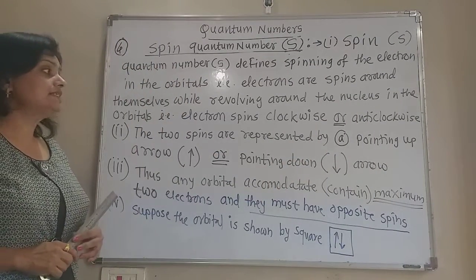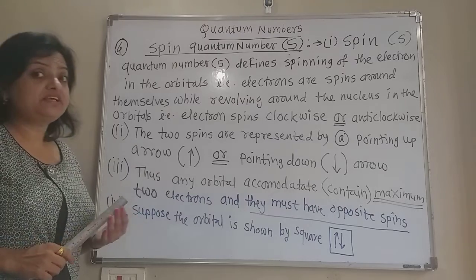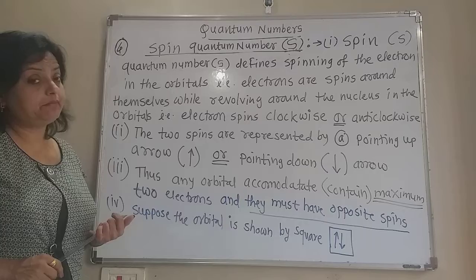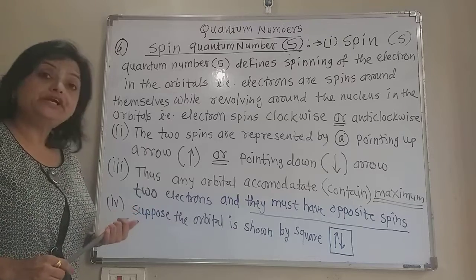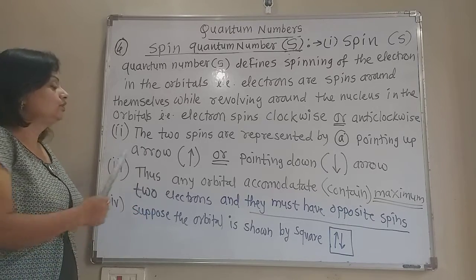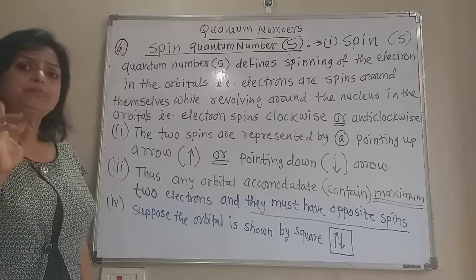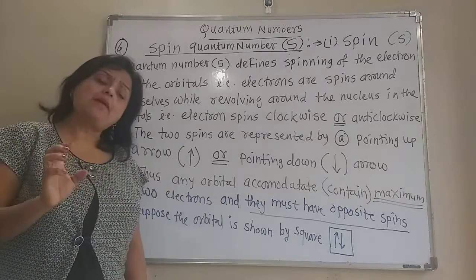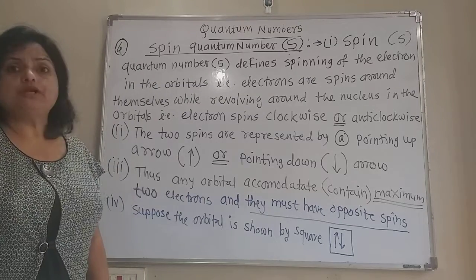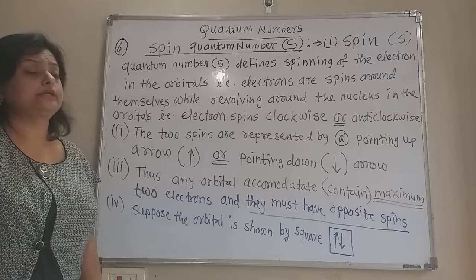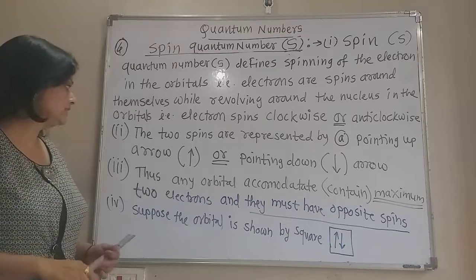If the electron spins in the clockwise direction, then the spin is represented by the upward pointing arrow. There are only two values of the spin quantum number, plus half and minus half, because they only spin. They do not completely revolve around themselves. So only two values are there.